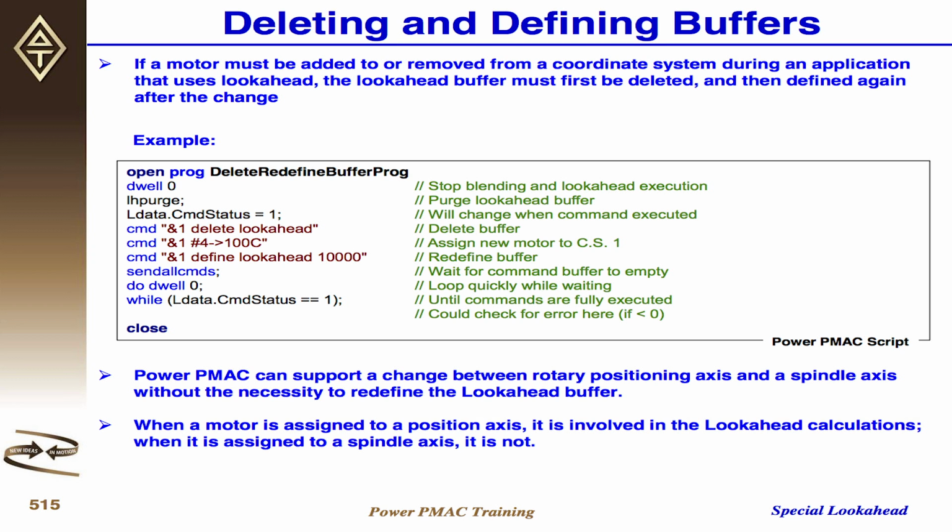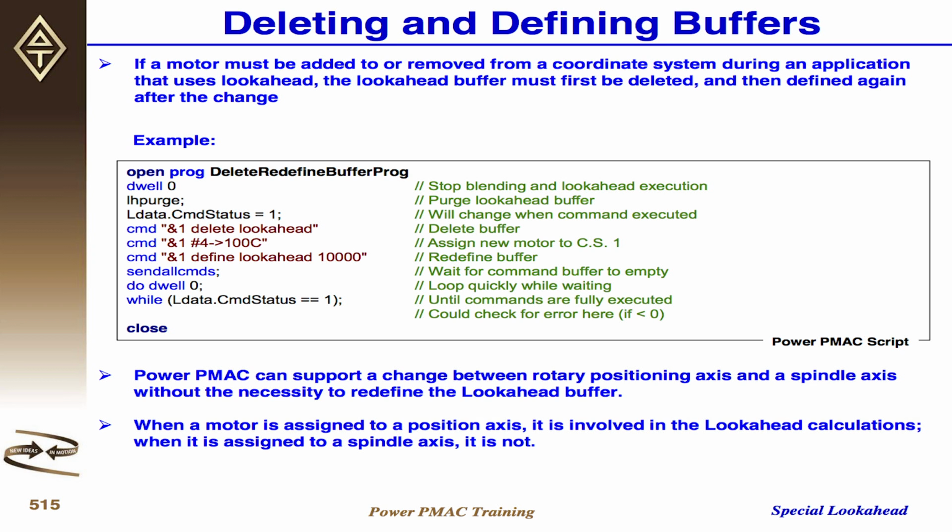Power PMAC, however, can support a change between the rotary positioning axis and the spindle axis without the necessity to redefine this lookahead buffer. This is for NC applications where you want to use one of the motors as a spindle. So if it's assigned as a rotary position axis, you can make it a spindle axis without doing this.